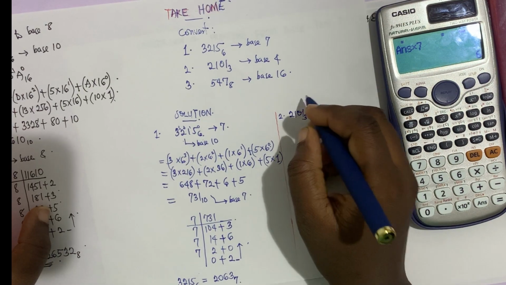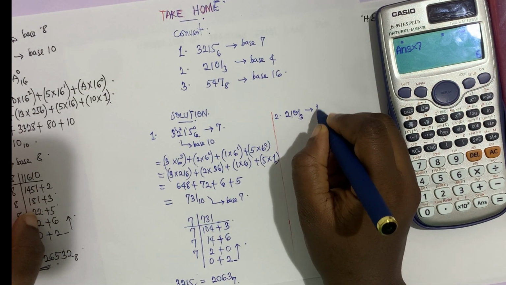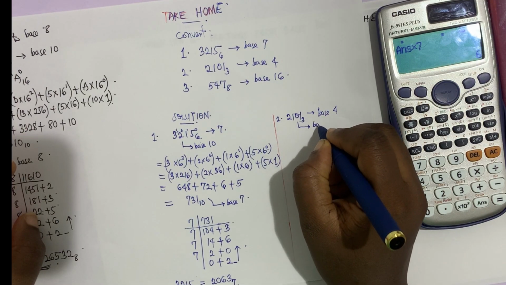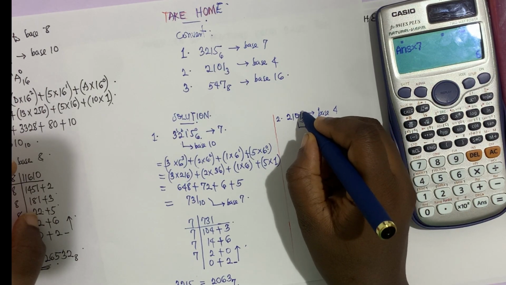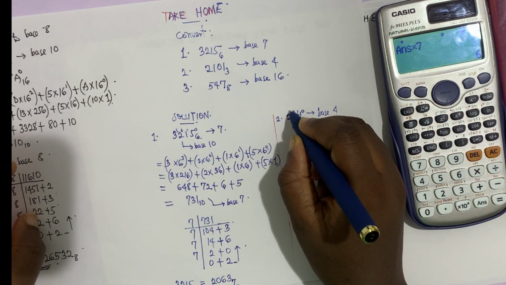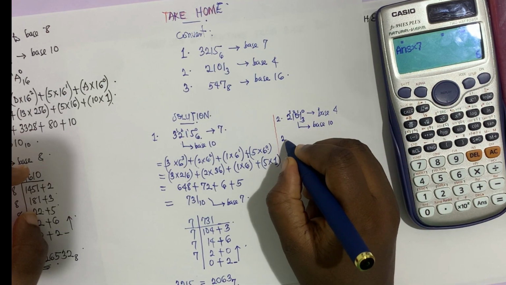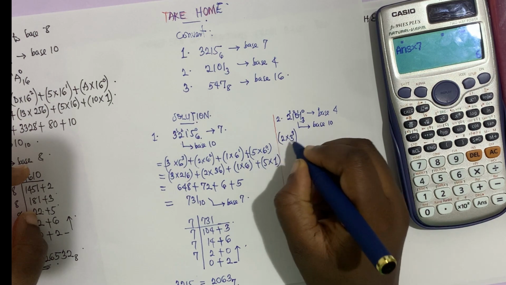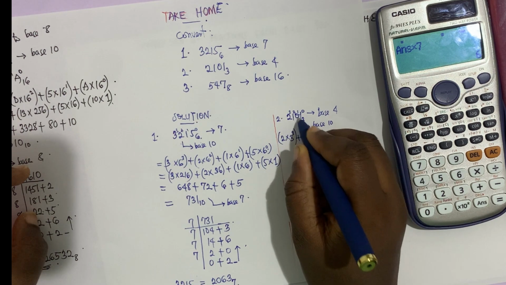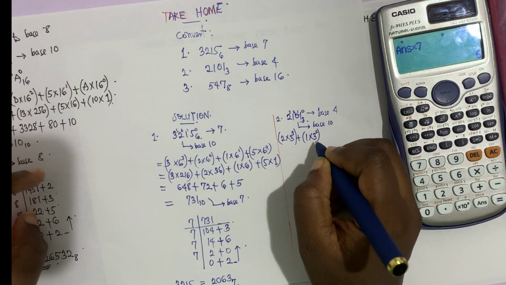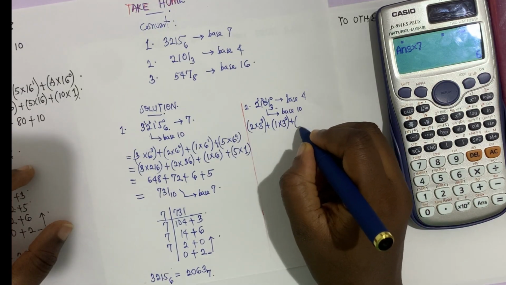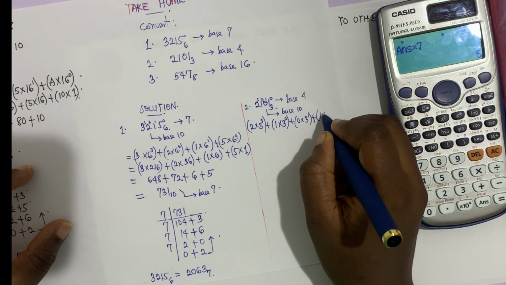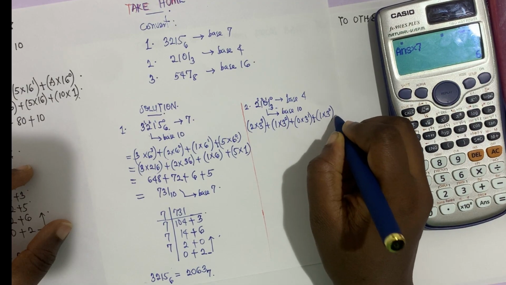2101 base 3. To convert it to base 4, we first convert this to base 10. We give it indices 0, 1, 2, 3. So this is 2 times the base 3 raised to the power 3, plus 1 times 3 raised to the power 2, plus 0 times 3 raised to the power 1, plus 1 times 3 raised to the power 0.